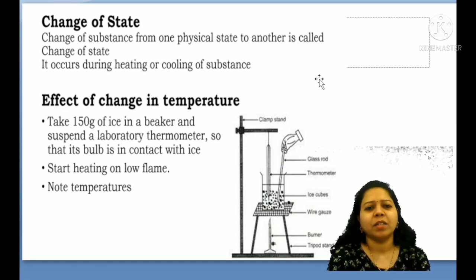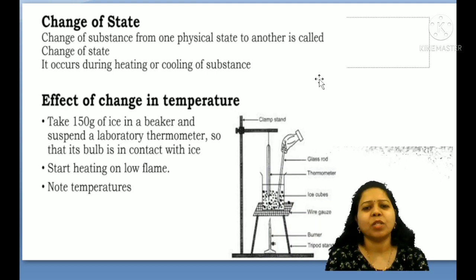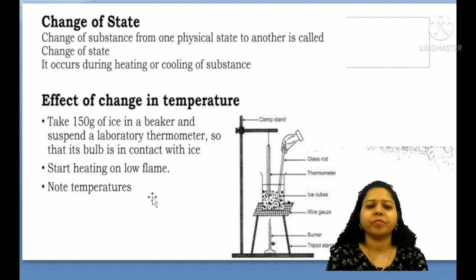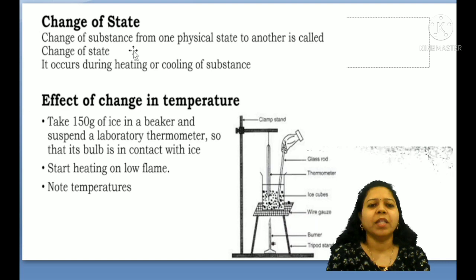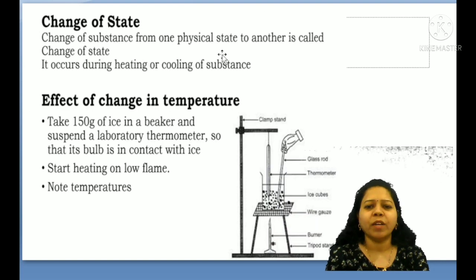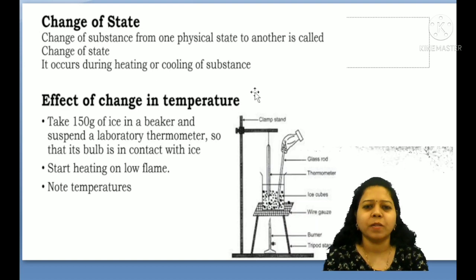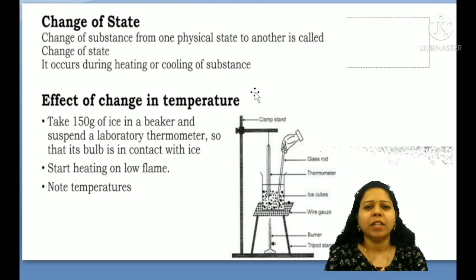How do they interchange? The change of substance from one physical state to another is called change of state. It occurs during heating or cooling of a substance. Now see, there are three states of matter: solid, liquid and gas.